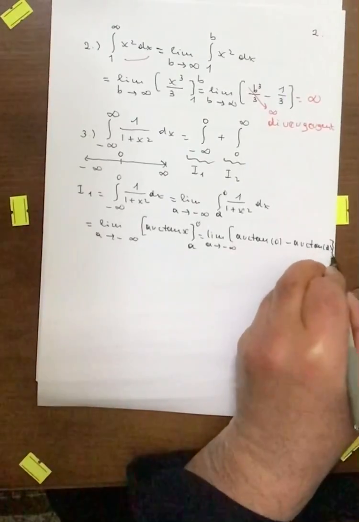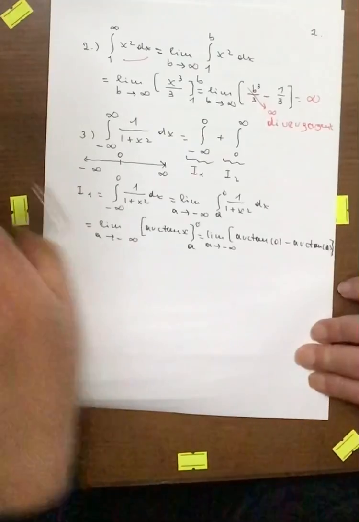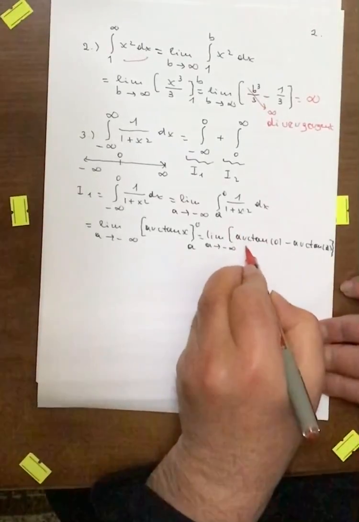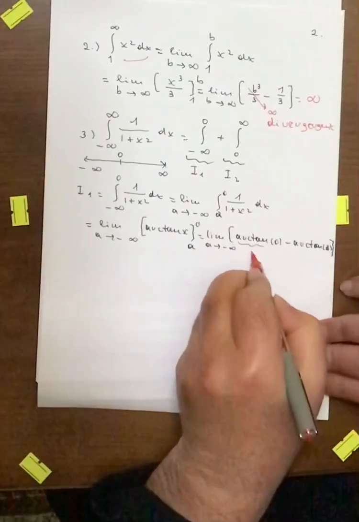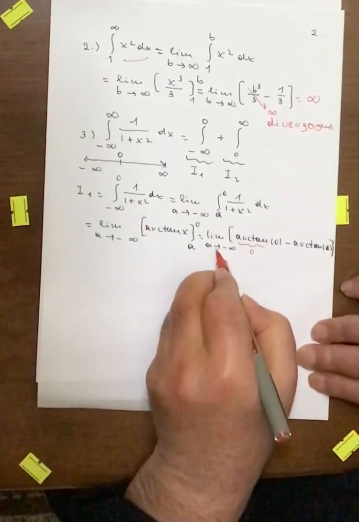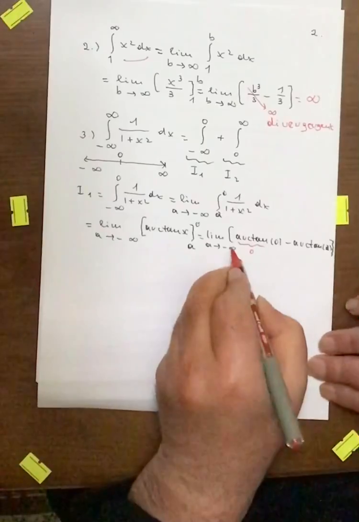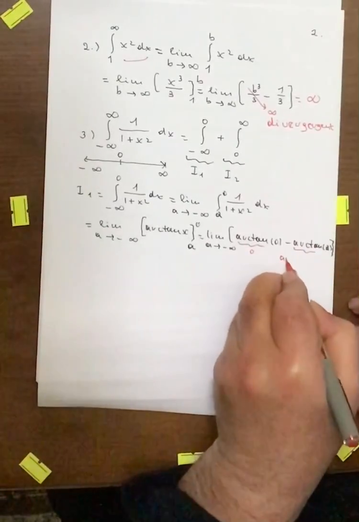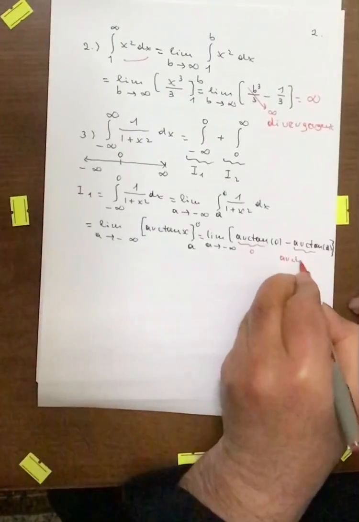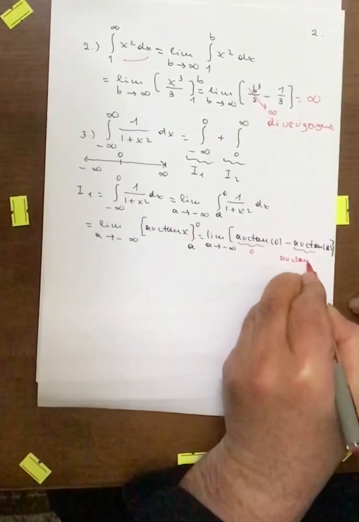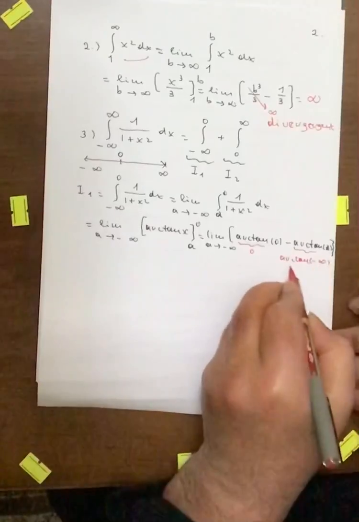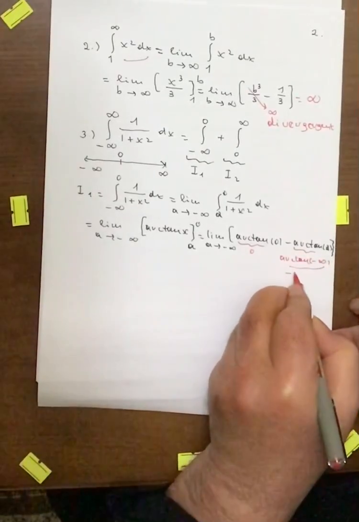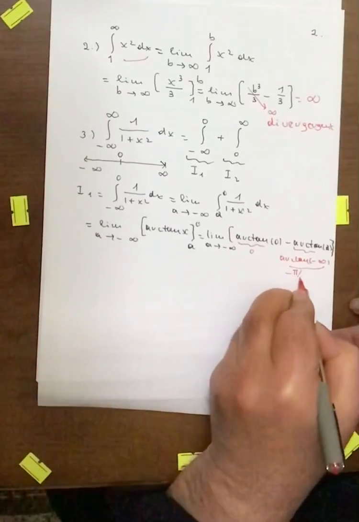We know that arc tangent 0 is 0, and as a tends to minus infinity this is arc tangent minus infinity, which is minus pi over 2.